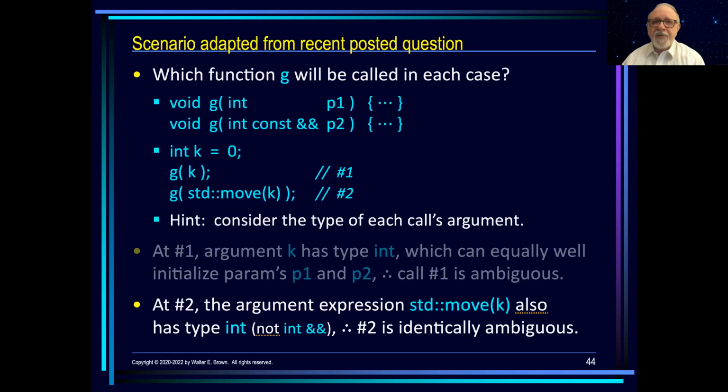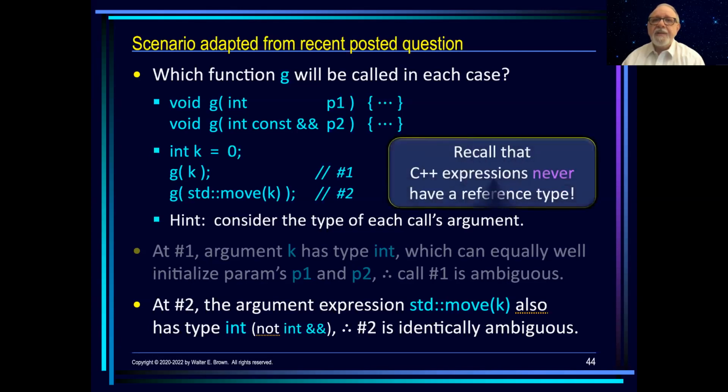What's the rule that governs this? There are no C++ expressions that have a reference type. Never. There are no C++ expressions of reference type. There's a rule that says if an expression seems to have a reference type, that reference type is very quickly stripped off, and now we no longer have a reference type.